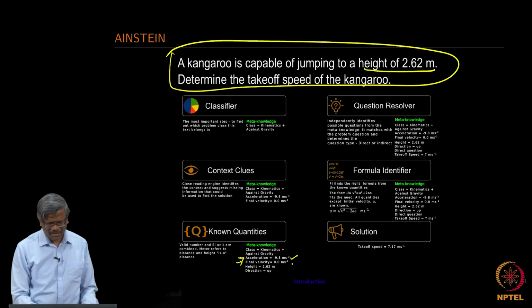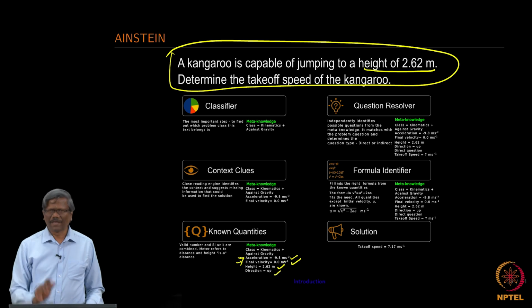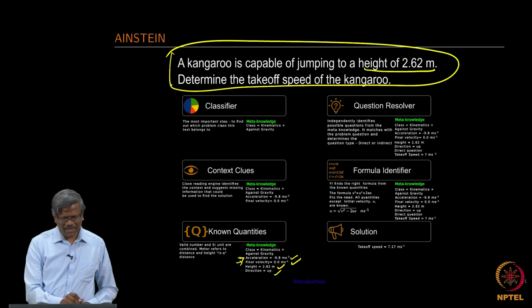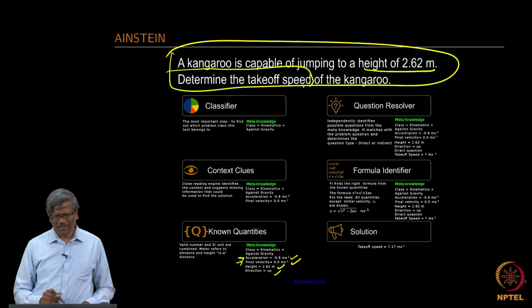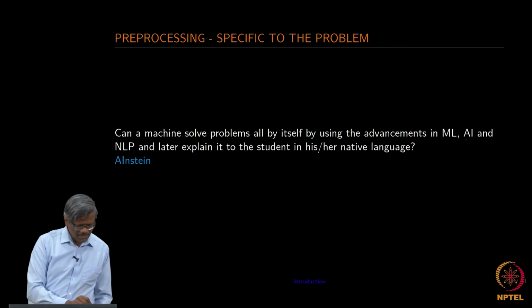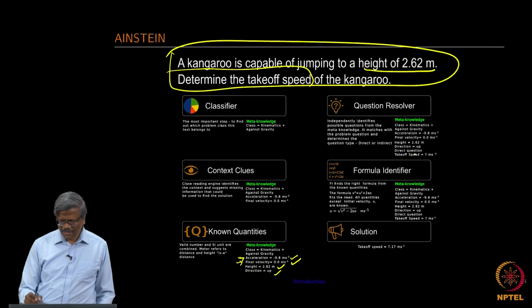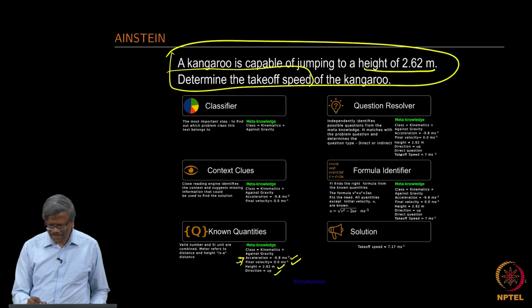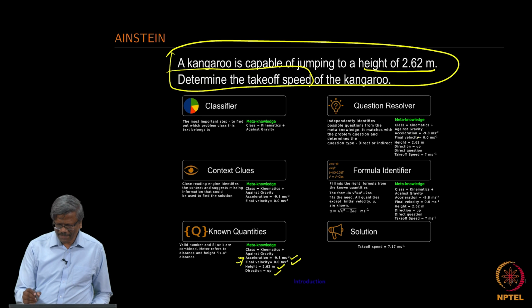So the final velocity is 0, it assumes, the height is given, the direction is upward, and then it tries to find out what the question is: determine the takeoff speed. Using those phrases, it tries to find out the actual question. It says it is a direct question and it needs to find this.